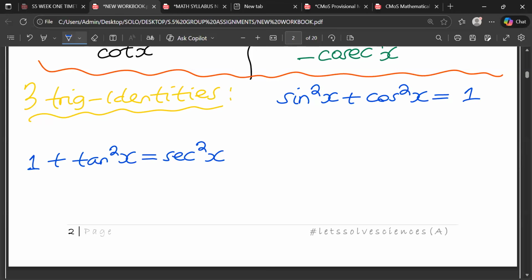Then another one was 1 plus cot squared x equals cosec squared x. I think people can recall that.